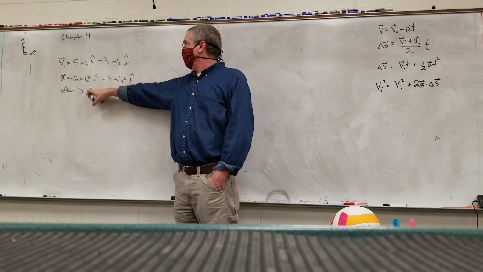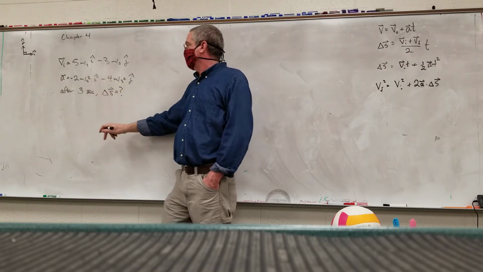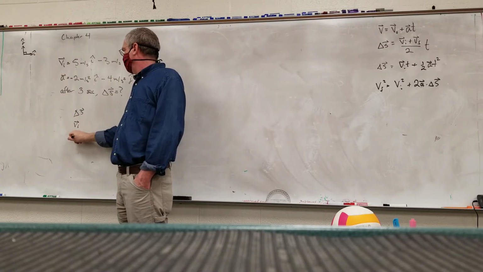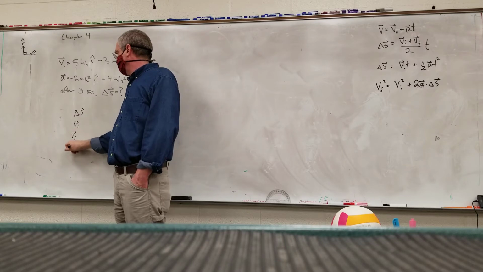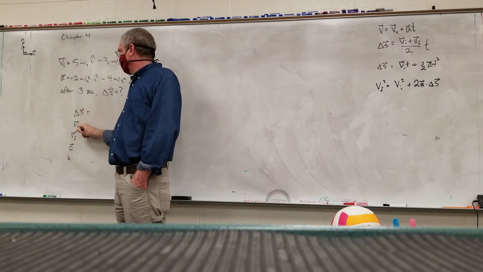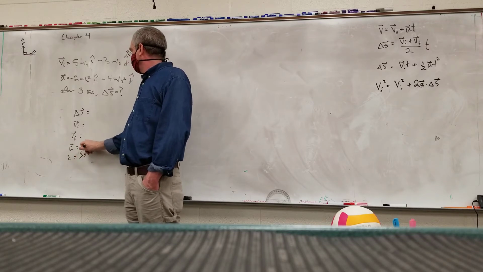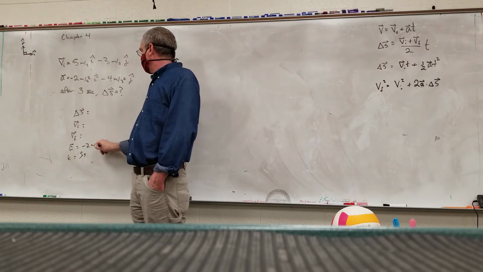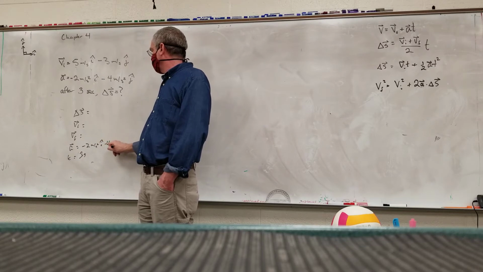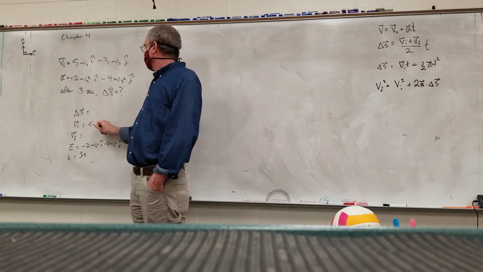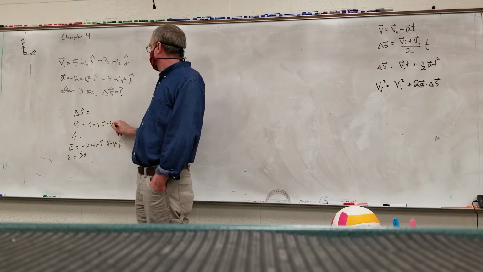I have time, I have acceleration, I have velocity, and we can set this up just to get into the habit of making sure we understand the five main quantities here. That's going to be 3 seconds. The acceleration is -2 meters per second squared I hat minus 4 meters per second squared J hat. VI is 5 meters per second I hat minus 3 meters per second J hat.